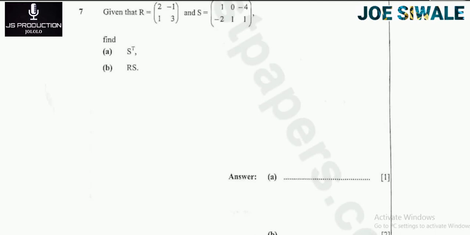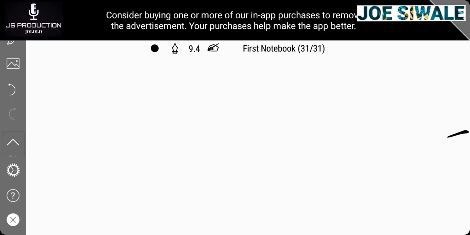Find A, the transpose of S, B, RS, or matrix R multiplied by matrix S. So I'll start with the first one, which is A. So A requires me to find the transpose of S.